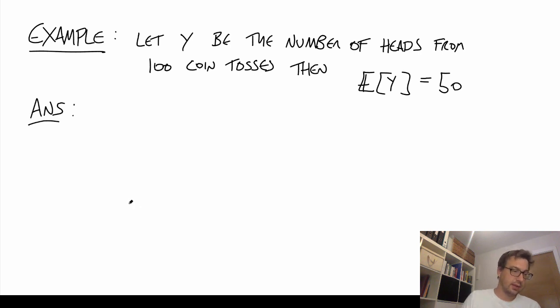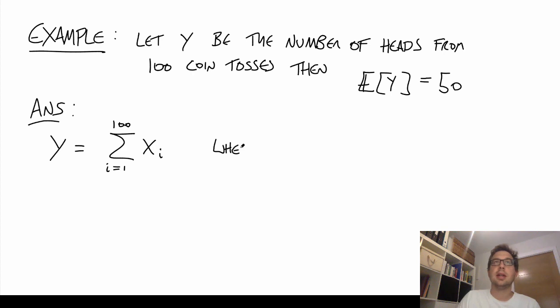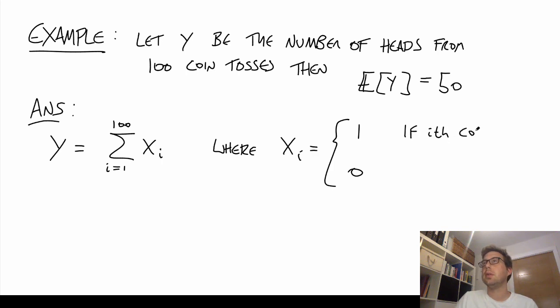So let's answer that. Well, we can say that y really is the sum of 100 random variables x_i, where each x_i is the outcome of one of these coin tosses, the ith coin toss. Okay, so this is equal to 1 if the ith coin toss is heads, and is 0 otherwise.